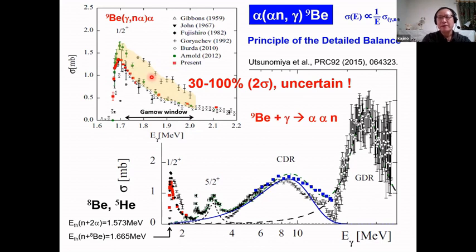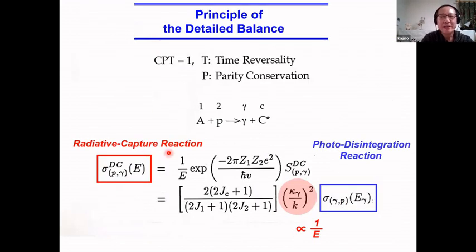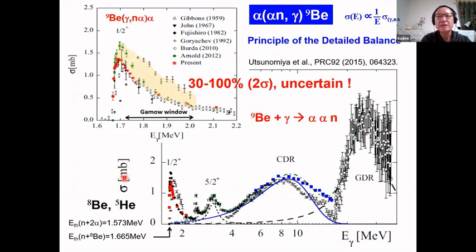And this uncertainty is very important for collapsar or supernova r-process, because this is a photodisintegration cross-section. But as you see from this relation between the reverse rate, the 1 over E is still multiplied to the photodisintegration cross-section. Therefore, low energy is enhanced more as a contribution to the forward reaction cross-section. In this sense, if we have 100% uncertainty here, this would drastically affect the final result of the r-process.